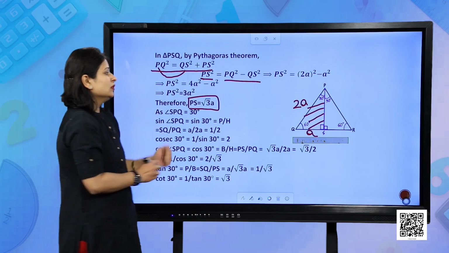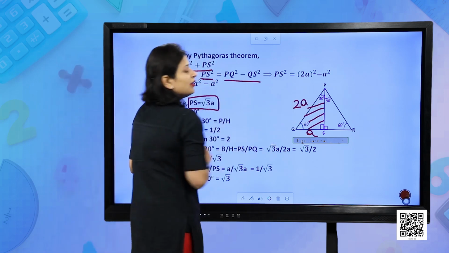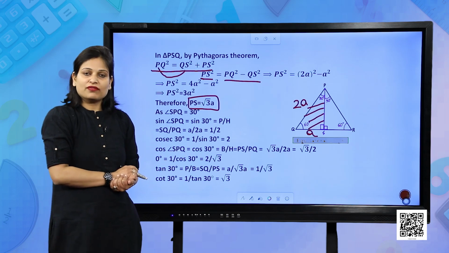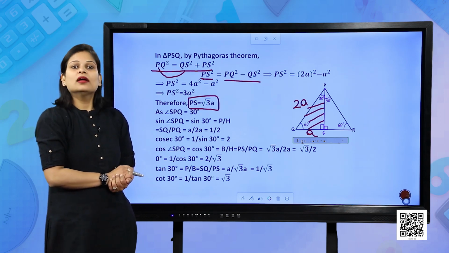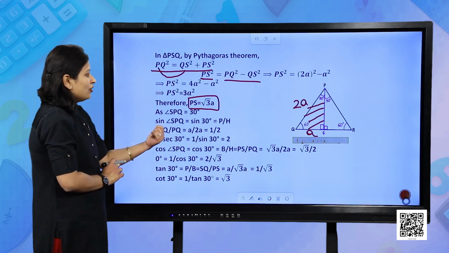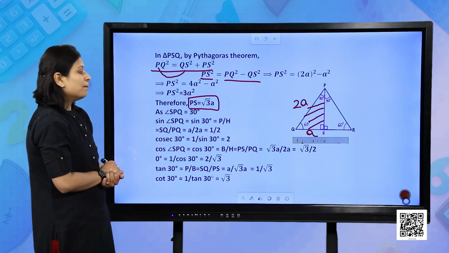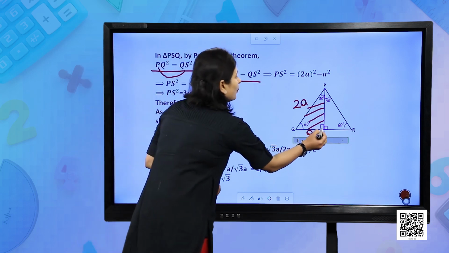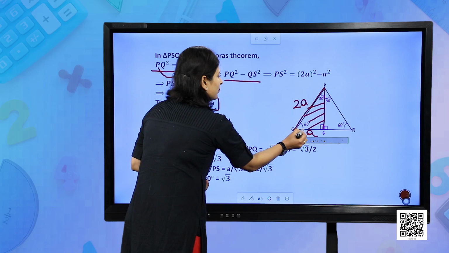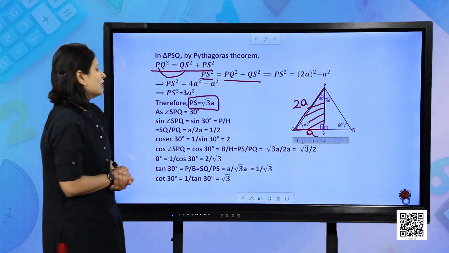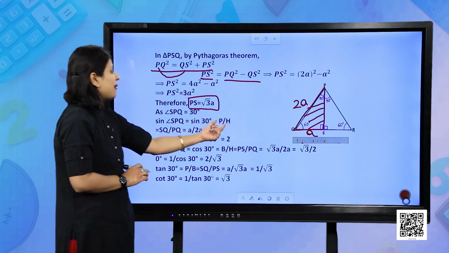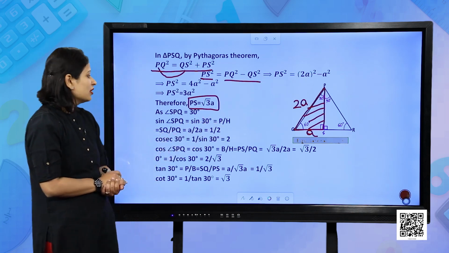Now you know this angle is 30 degrees and you need to find out the trigonometric values with respect to angle 30 degrees. So, what will you get? Sine of angle SPQ. According to the definition of sine function, perpendicular upon hypotenuse.